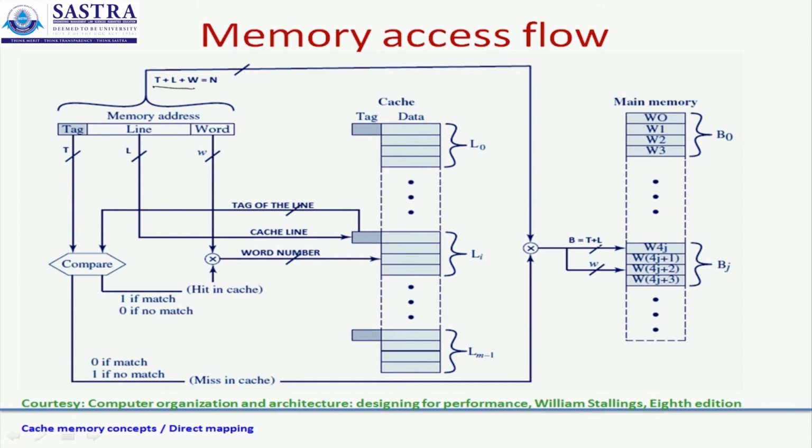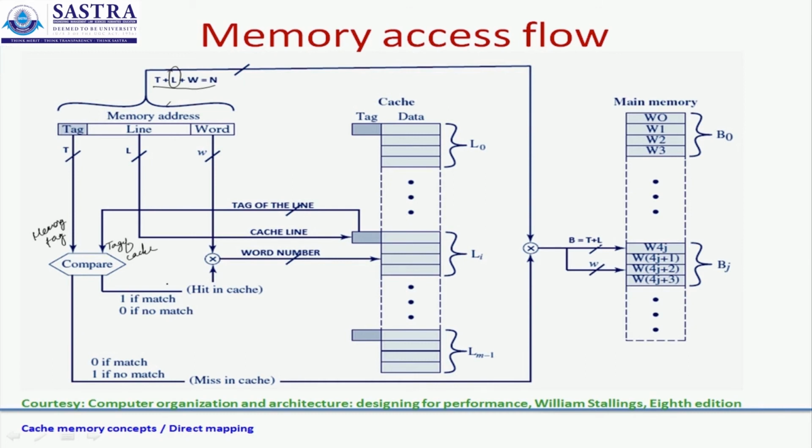This is our memory address N. It is divided into 3 fields: T field, L field, W field. What will happen? First, the line field will be considered. The memory management unit will go to that cache line and extract the tag bits of that particular cache line. That tag of the cache is compared with the memory tag.